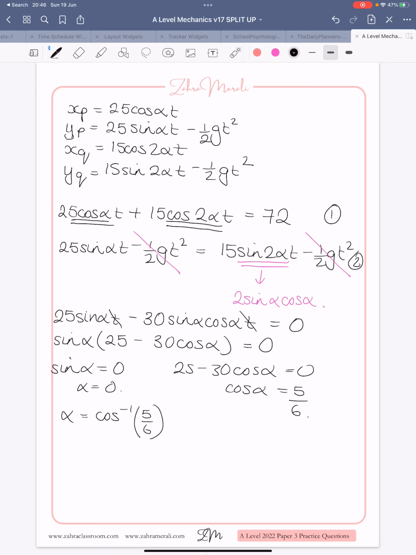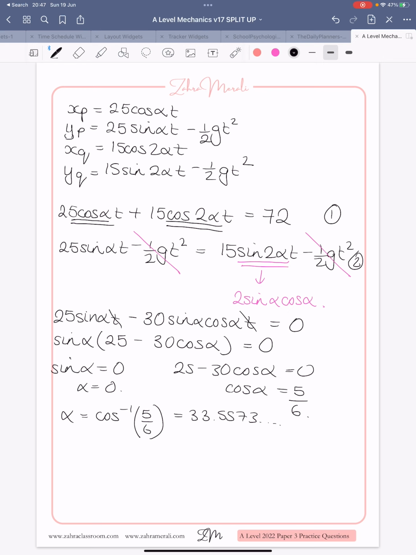I can calculate that if I want, actually. If you did calculate it, inverse cos of 5/6 gives you 33.5573 and so on. But I've left it exact in my calculator.